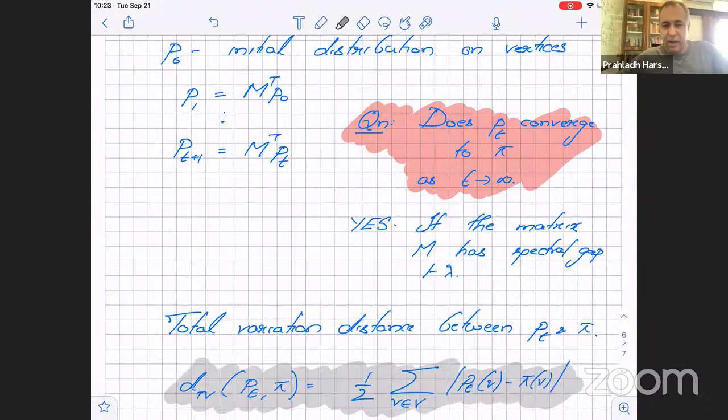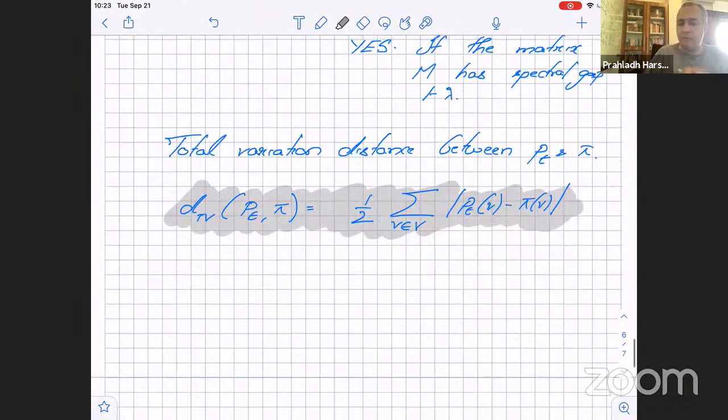So let's slightly manipulate this quantity to a form which is more convenient to work with. In general, when we're working with the random walk matrix M, it's nice to work with expectations, which are not a summation but sort of an average, taken with respect to the stationary distribution. So I'll rewrite this quantity as follows, so that it's an expectation.